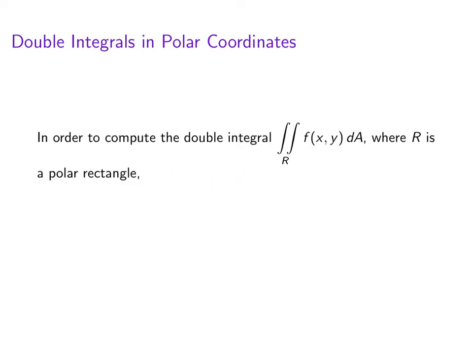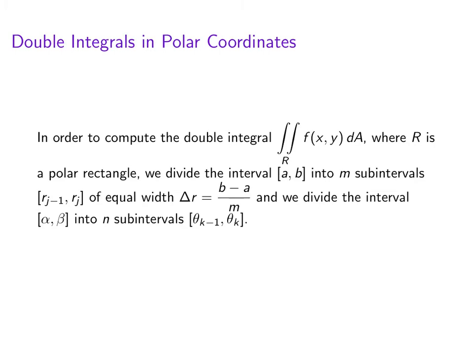So what we'd like to do is compute this double integral over polar rectangles. The way we'll do this is we'll divide the interval from a to b into m subintervals. They will be of equal width delta r, and we'll divide the interval alpha to beta into n subintervals.